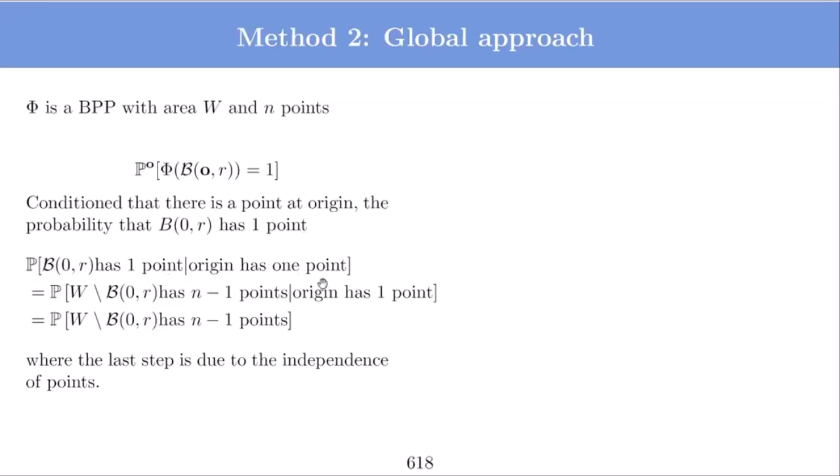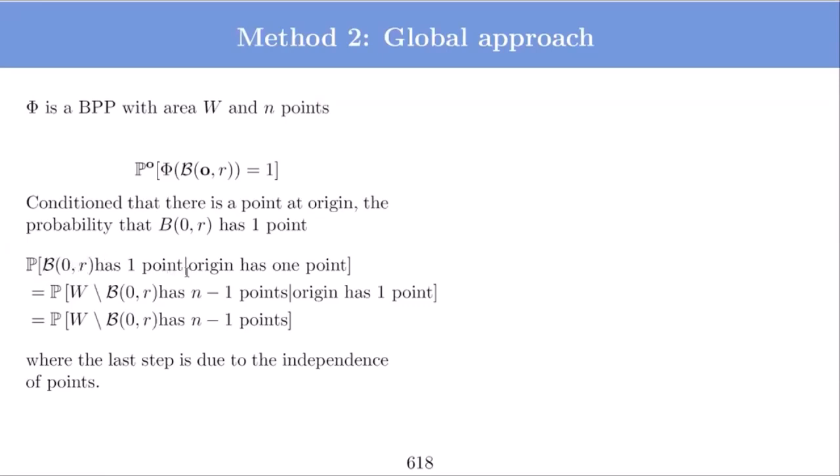And how do I compute this? Remember, the binomial point process does not have the area independence property, right? But it has one property, that there are always n points. So if the origin has 1 point and you want the ball B(0, r) to have 1 point, this means other than the origin there should not be any point in this ball. So this complete ball has only 1 point.